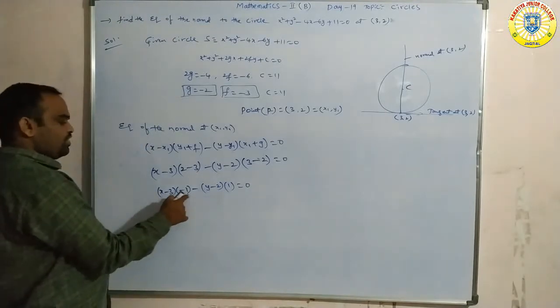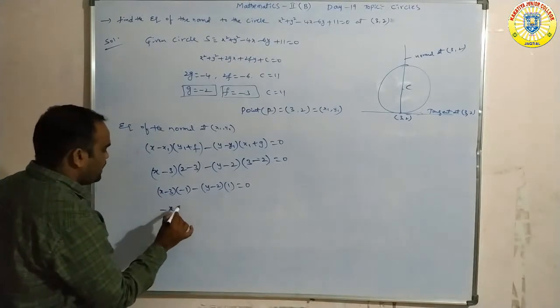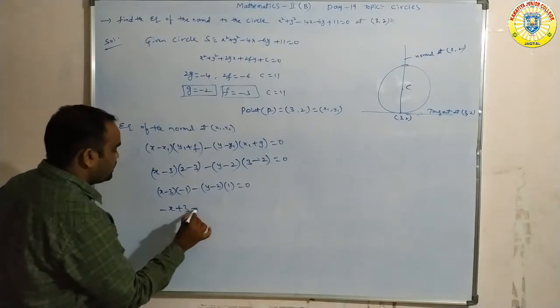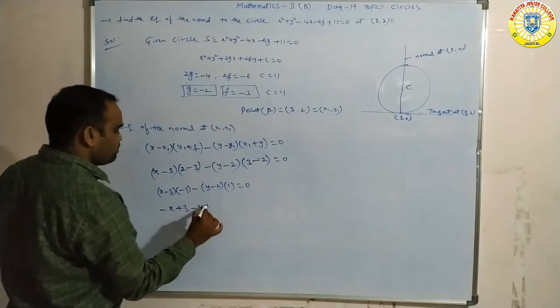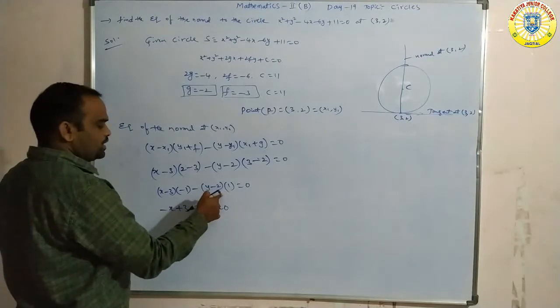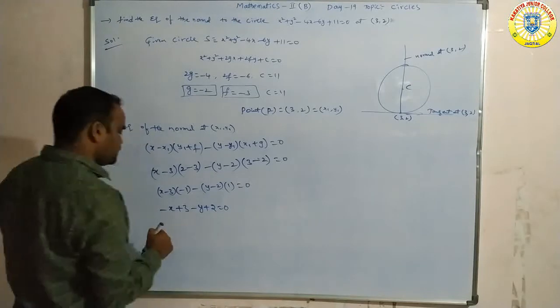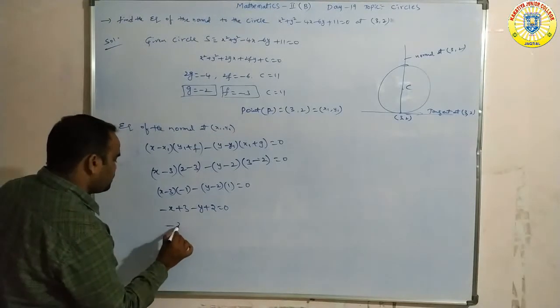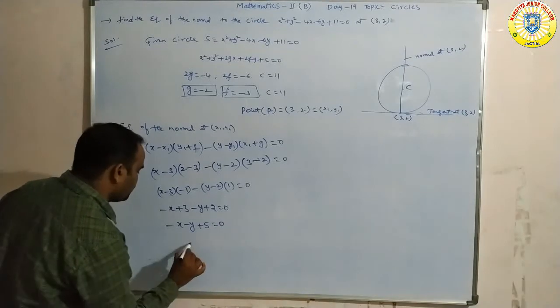Now we multiply the value inside. Minus 1 into x is minus x plus 3, minus (y minus 2), which is minus y plus 2, is equal to 0. This is minus x minus y plus 5 is equal to 0.